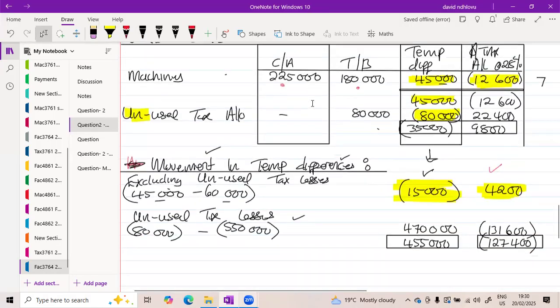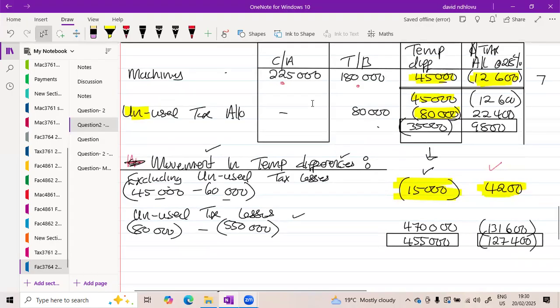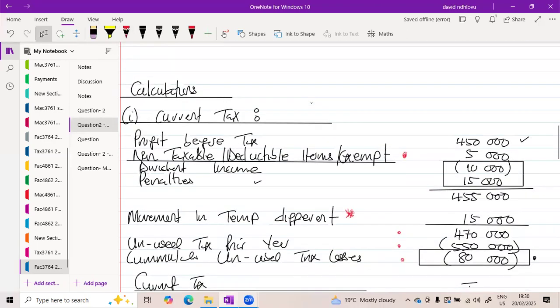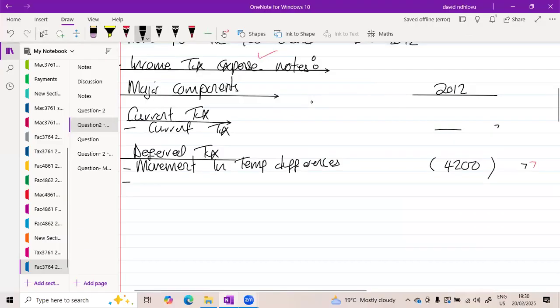Right. So we then have this movement. Now remember, we had a balance of 550,000. But it is reduced now to 80,000, giving us a movement of 470,000. So we are saying that this is what we have utilized of the unused tax losses. So we then say here, unused tax loss utilized.